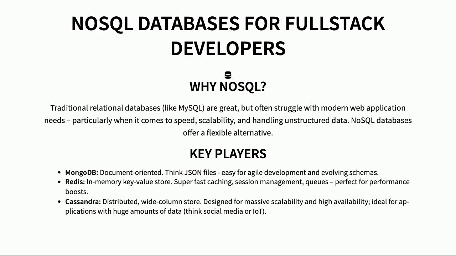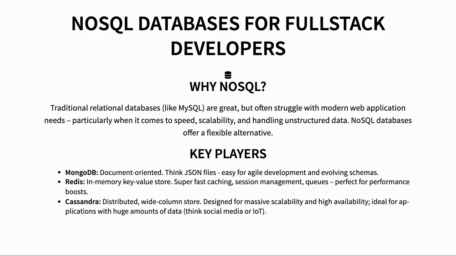Okay, so let's talk about NoSQL databases. They are a really important tool for full-stack developers today. Relational databases are solid, but NoSQL provides more flexibility and can handle different kinds of data much better. We have three main contenders: MongoDB, Redis, and Cassandra.